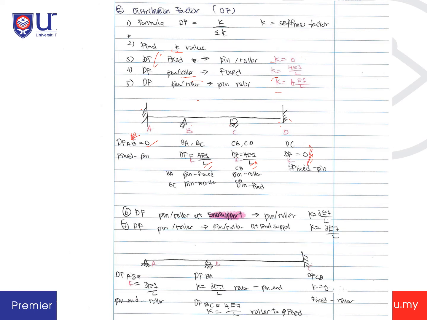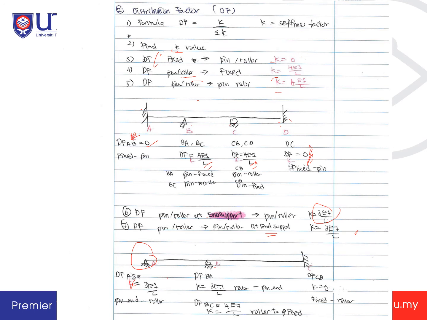And then for this one, pin and roller support. You can see that A is pin, so at the pin end it will be 3EI over L. It is no longer 4EI over L. Roller to pin end support, at the pin end, it will be 3EI over L. So the distribution factor K for AB is 3EI over L, pin end to roller.